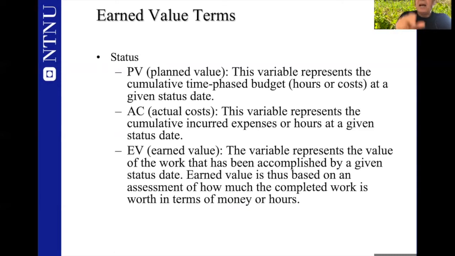It shows how many hours or how many kroner you are going to use in each phase, in each month, in each week, in each day. That's why we call it a time-phased budget. So the planned value shows how many hours or how many kroner you are planning to use in each phase of your project.